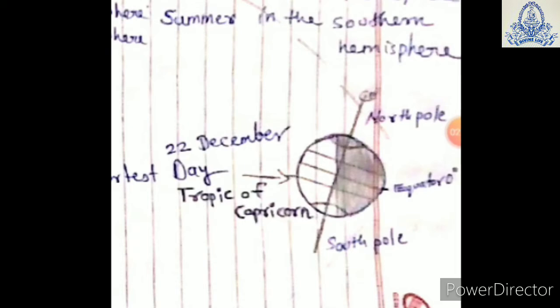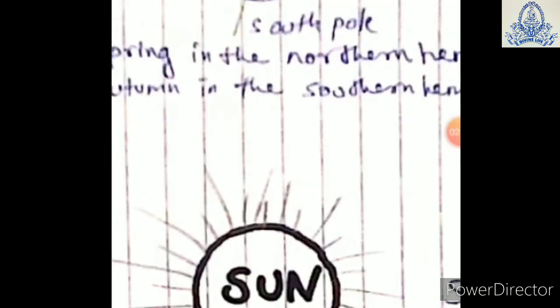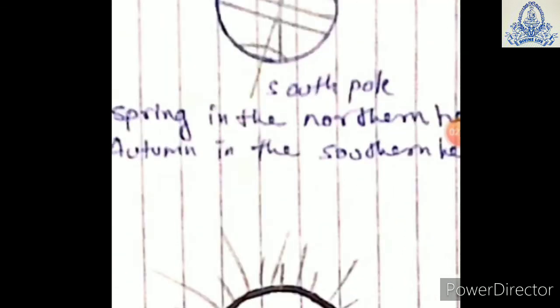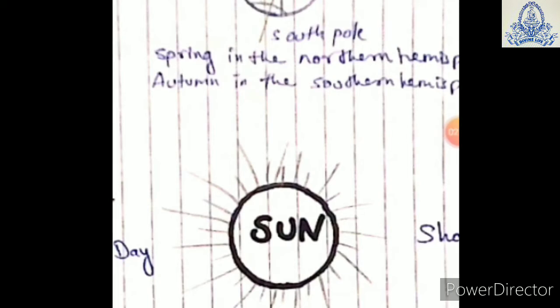For example, if we go to the next picture, the second picture, here you can see both hemispheres look like they are equally getting the sun rays. Both the northern hemisphere and southern hemisphere in this picture are getting equal sunlight.